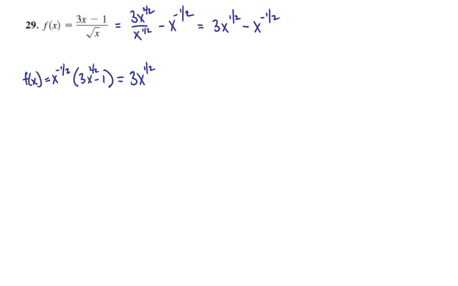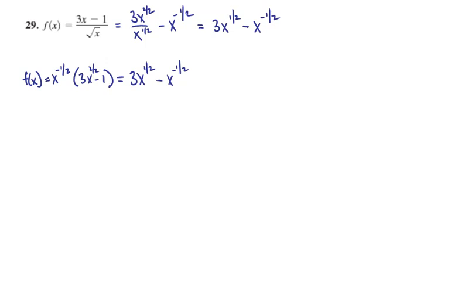And then distribute x to the negative 1/2 times negative 1. So we could have done it as a product, or we could have multiplied it out, which we're going to do, and use the power rule, or we could have done it as a quotient rule. Any one of these ways should all give us the same answer.